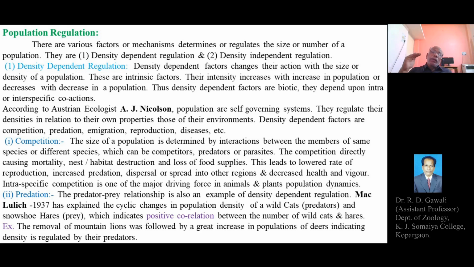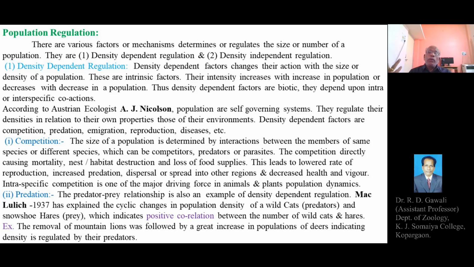Means if the number of mountain lions increases in a particular area, ultimately they will predate upon the deer and the number of deer will decrease.